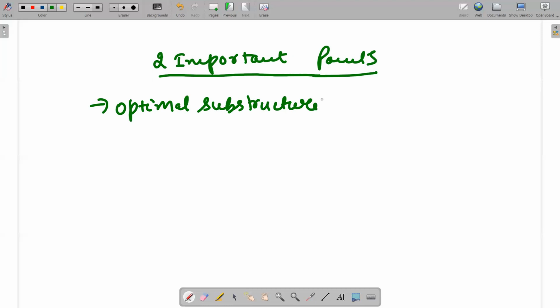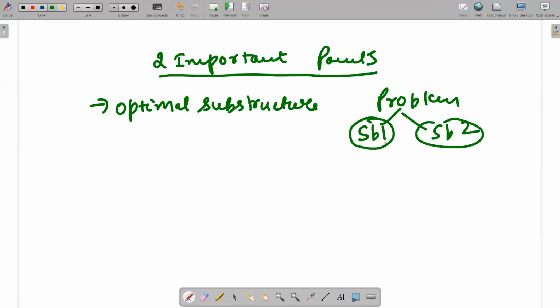We have a particular problem. It can be divided into subproblem 1, subproblem 2, and we are solving these subproblems to find the solution of the entire problem. So this is optimal substructure.